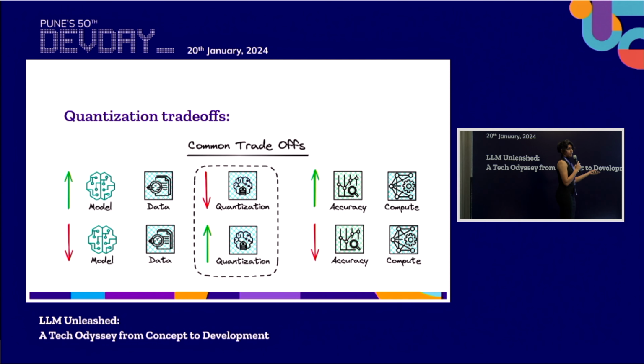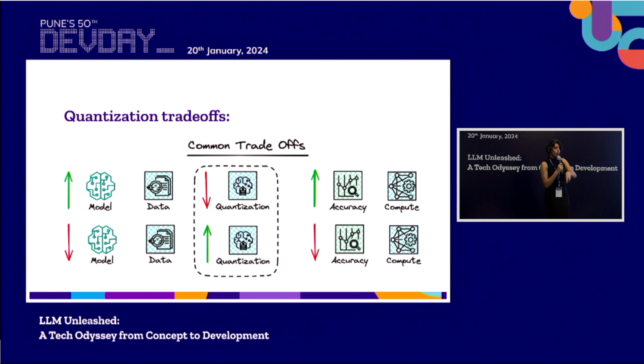Now, since we have introduced one more parameter, we must check how our accuracy and compute are going to be with respect to that factor. As we saw, as model and data increase, accuracy and compute increase. But if you decrease the bits, what I mean is, for example, originally all the weights were in 32-bit format. If you quantize it to 16-bit, that's one level.